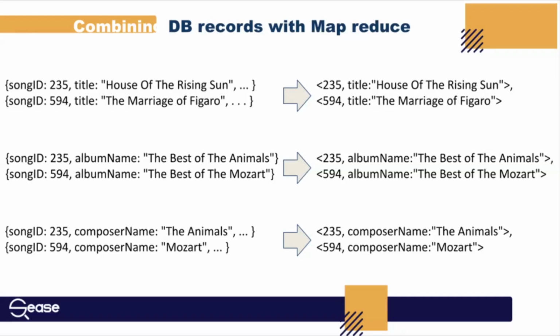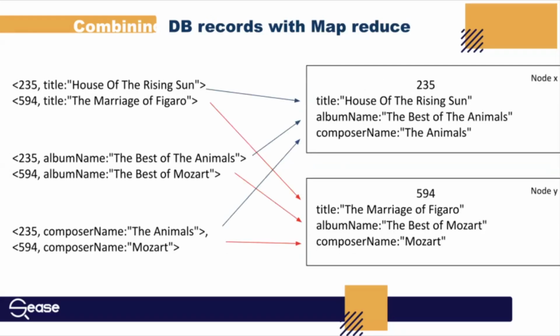And we generate this list of key-value pairs. We can rely on our framework that combines everything, so it does the shuffle, and I suppose it's magic.